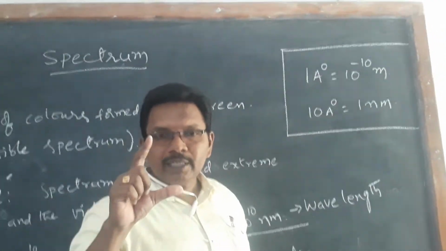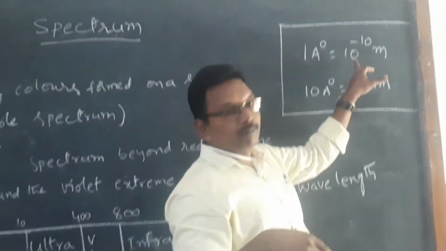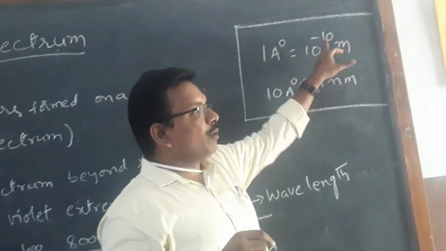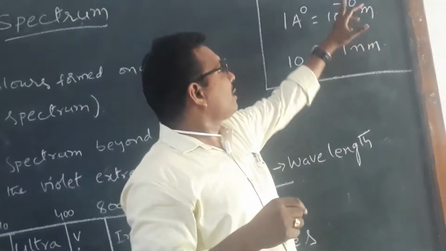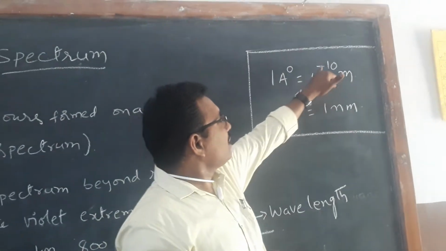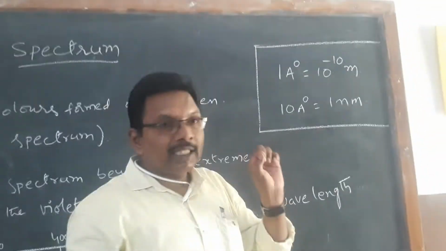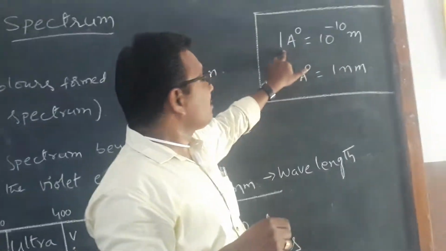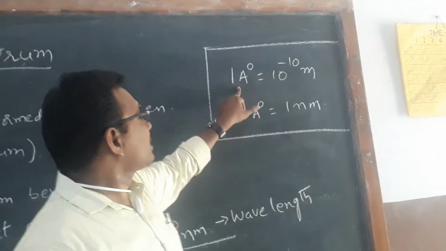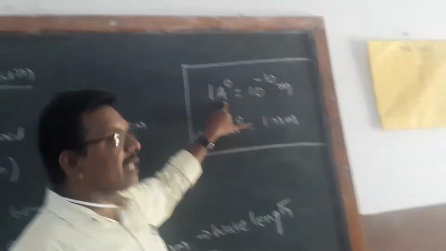That also you can say as 10 power minus 10 meter. That much small part of the meter is called angstrom. Wavelength is that small a quantity, so that is why we can measure such small lengths using angstroms.